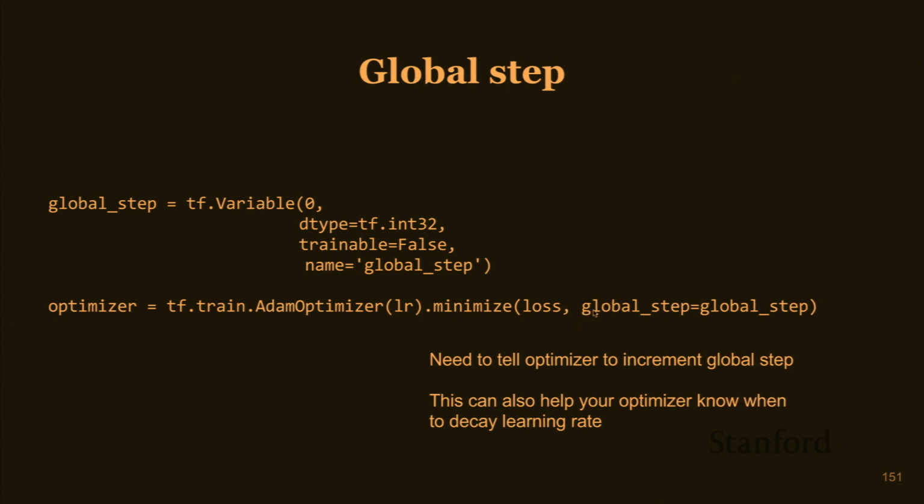When you pass in global step, TensorFlow knows to increment it by 1 every time you run the optimizer once. It's also useful for a learning rate, which can be decreased automatically for you, and you can read more about it in the documentation because I think we don't have time for it.